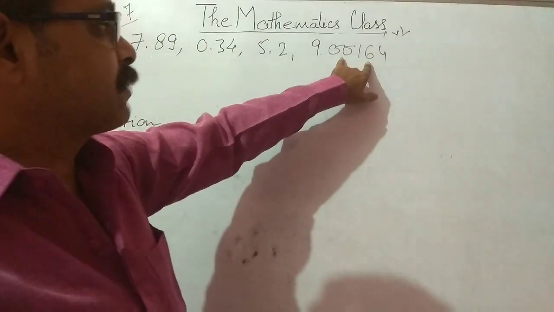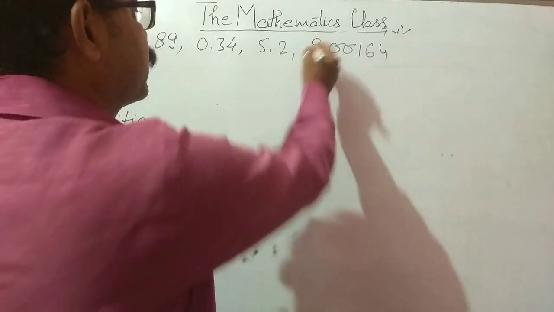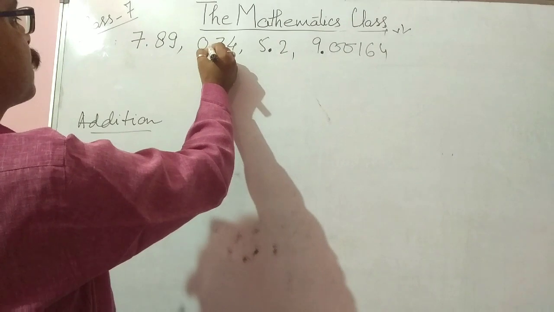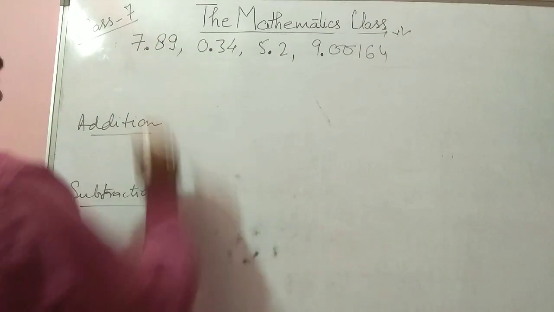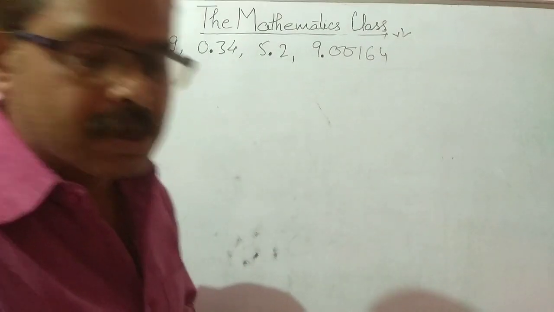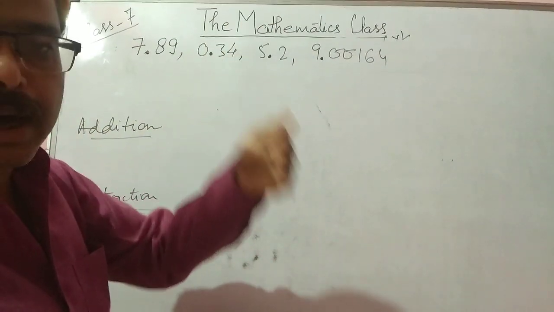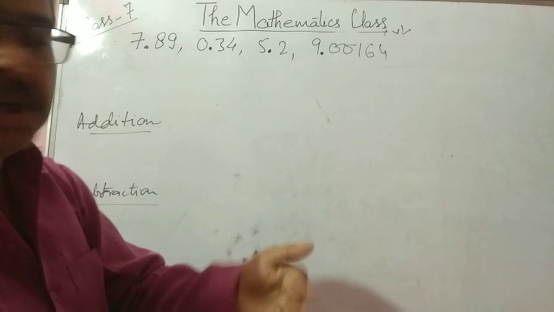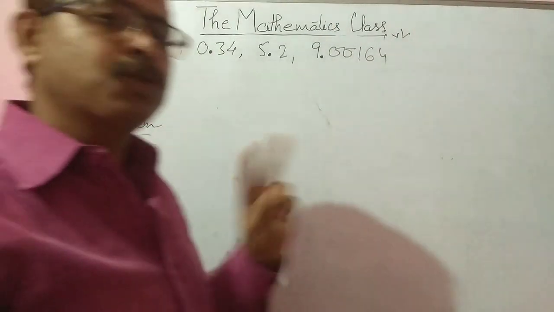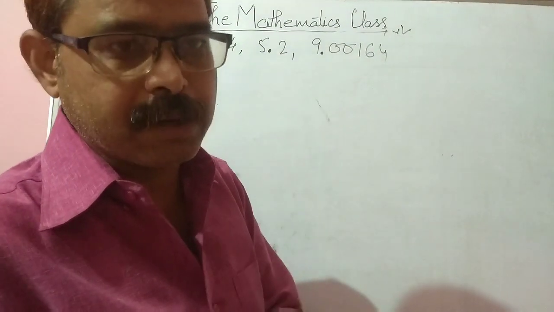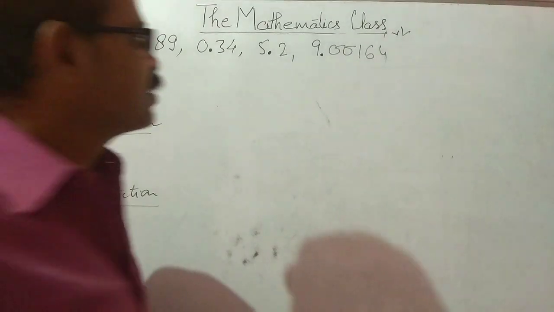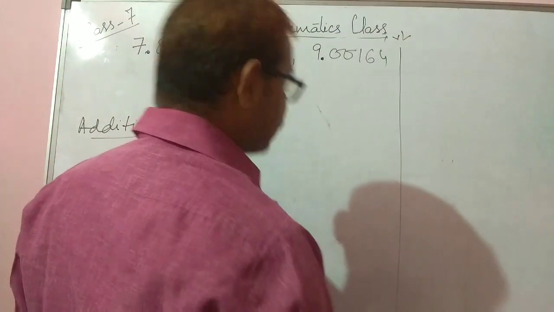Now you can see there are 5 digits after the decimal point in one, only one digit here, 2 here and 2 here. So the first point we need to remember is that the decimals should come one below each other. Suppose I am solving it by the vertical method. There are 2 methods of solving: first is the vertical method, second is the horizontal method. First we will discuss the vertical method.